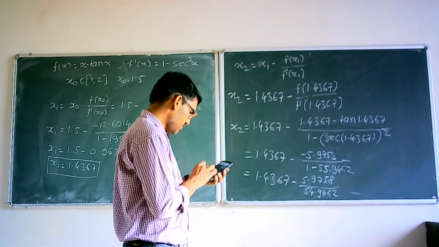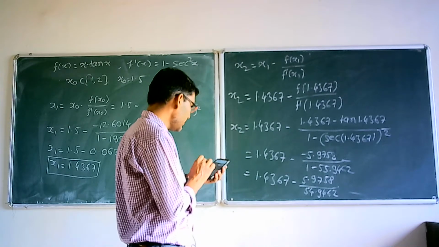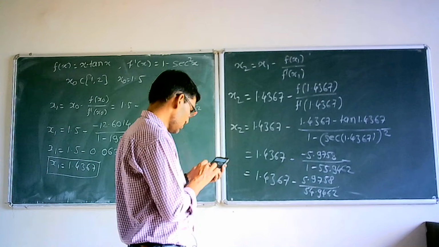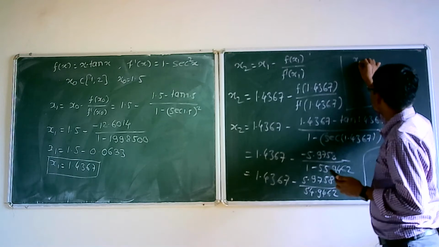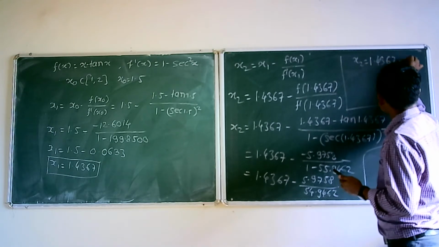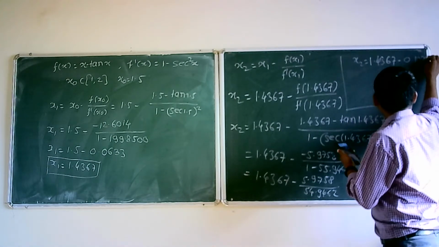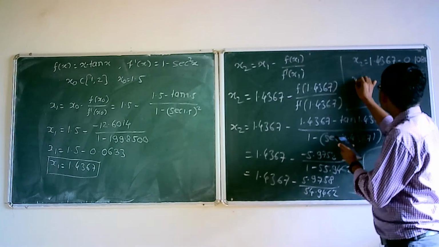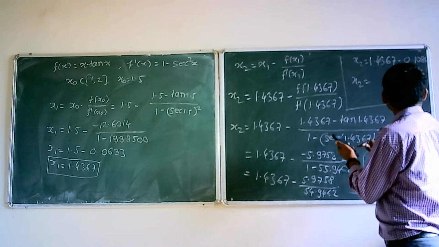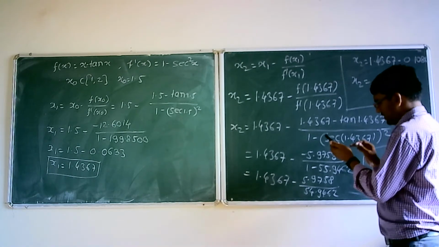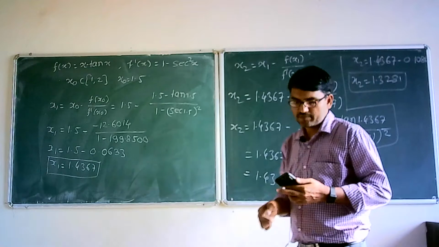If you divide, you will get 0.1086. So x2 is 1.4367 minus 0.1086, which is 1.3281. This is x2.